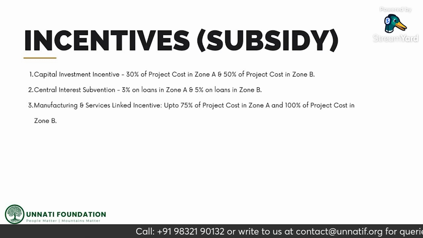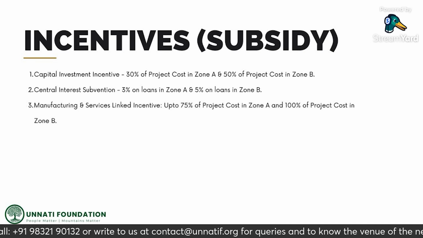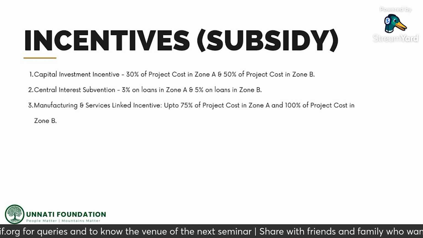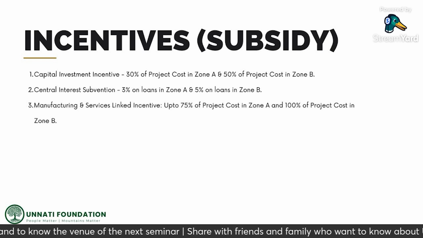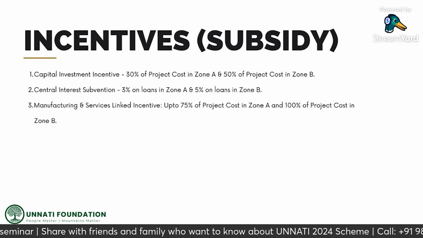There are three major incentives provided under the scheme. They are: capital investment incentive is 30% of project cost in Zone A, advanced, and 50% of the project cost in Zone B, backward.